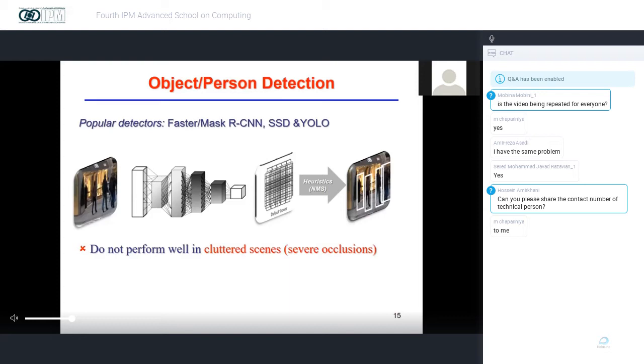Okay, there are two things here. One is that the performance of this detector is hindered by this post-processing, which is not part of learning.